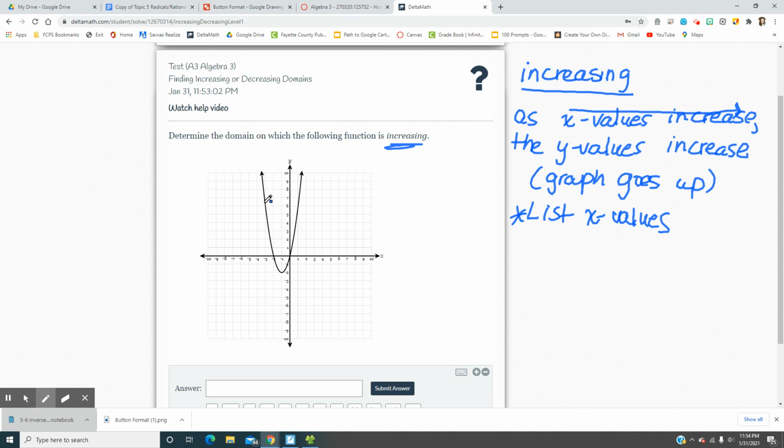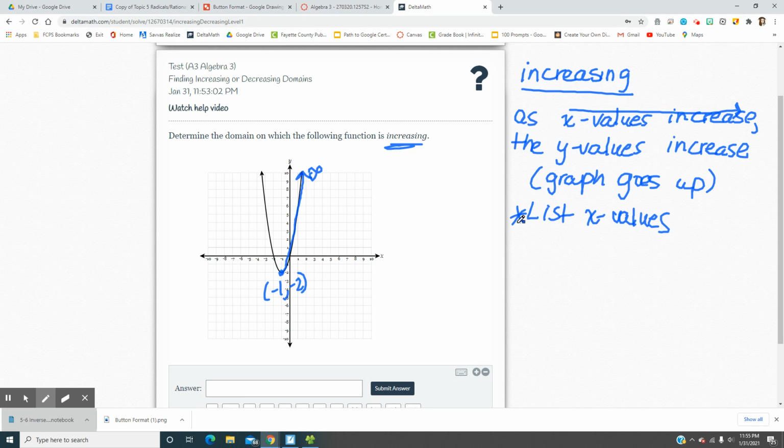So my pencil's going down, down, down, down, down, down. Then right here, it changes and starts going up, up, up, up, up. So this part right here, this is the increasing part. And it starts increasing at the point -1, -2. And then it increases forever and ever until infinity.